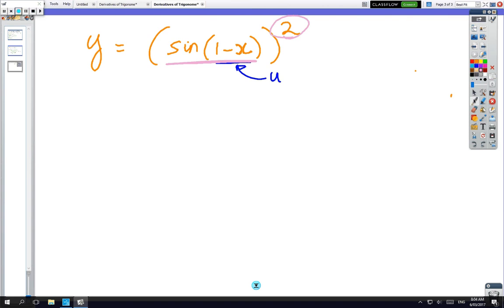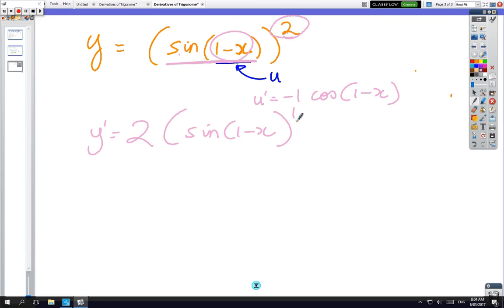So u dash, the derivative of that will be minus 1, and then sine turns into cos of 1 minus x. So the whole derivative is multiply by the power, leave the bracket, subtract 1 from the power, and then multiply by the derivative of the bracket, which is this.